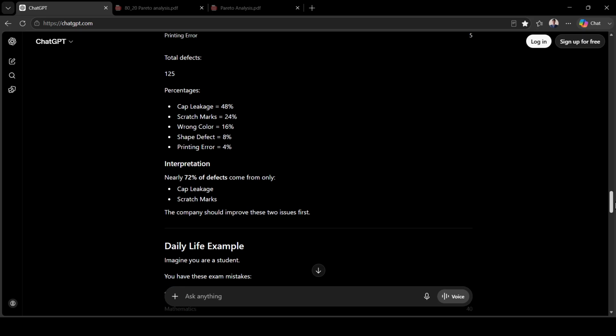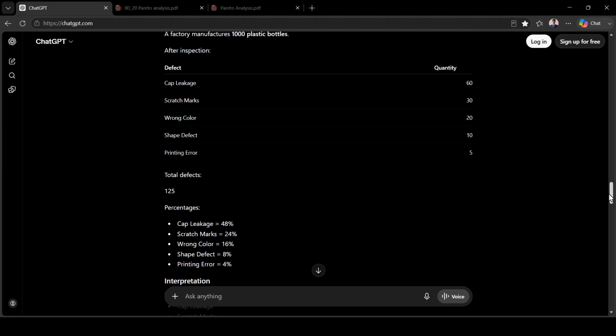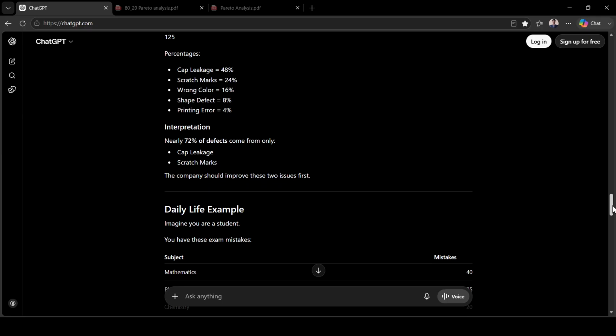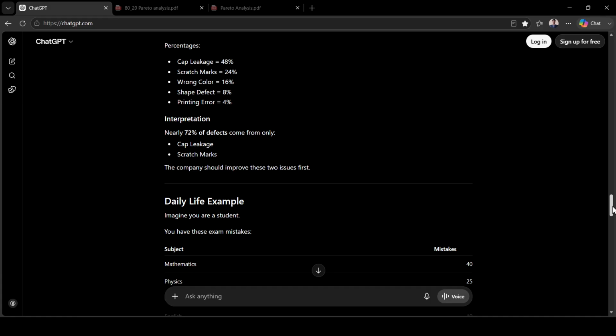Interpretation: nearly 72% of defects come from only cap leakage and scratch marks. So the company should improve these two issues first, and after that the rest can be improved.